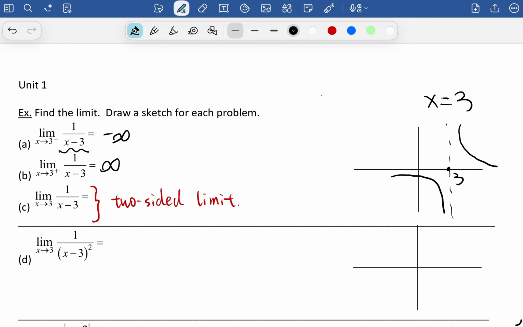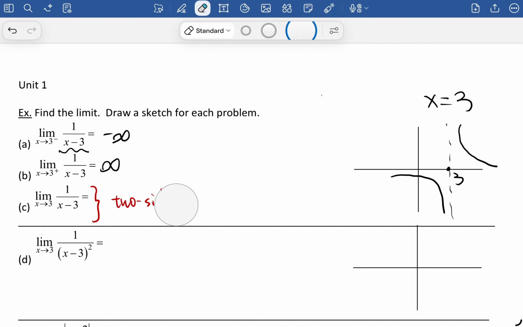What about part c? Since it's a two-sided limit, it's basically saying the function is going to approach a value when x approaches from the left side and the right side. So two-sided, both sides, okay? But the left-sided limit is negative infinity, and the right-sided limit is infinity.